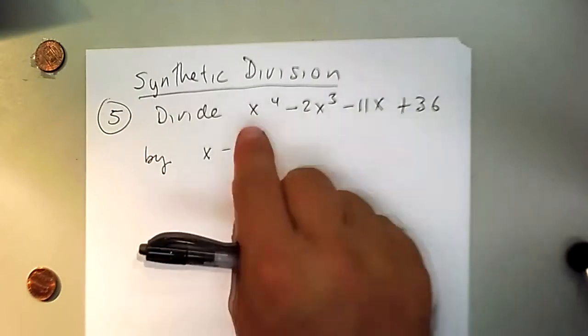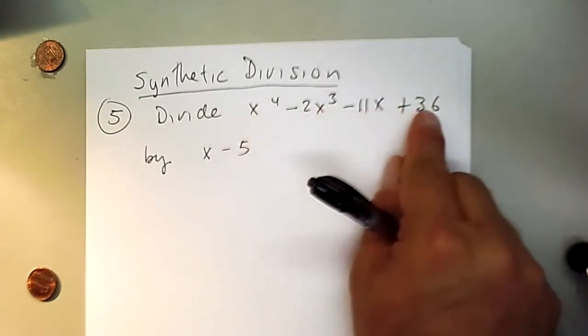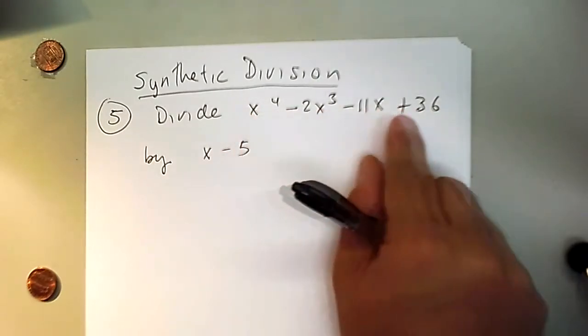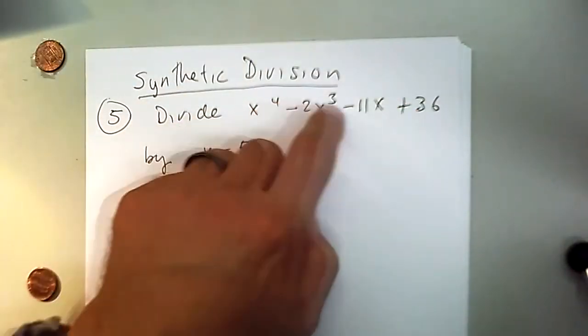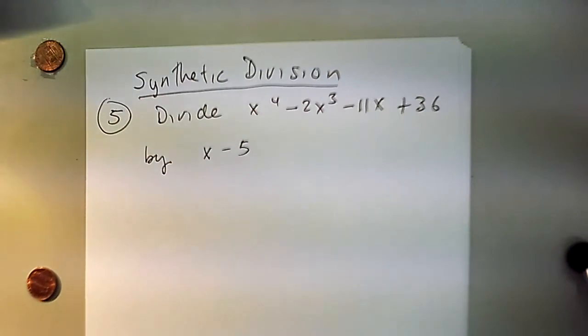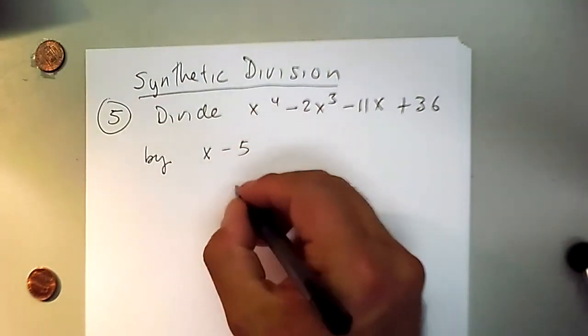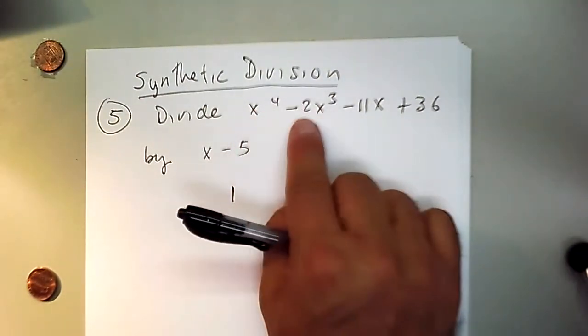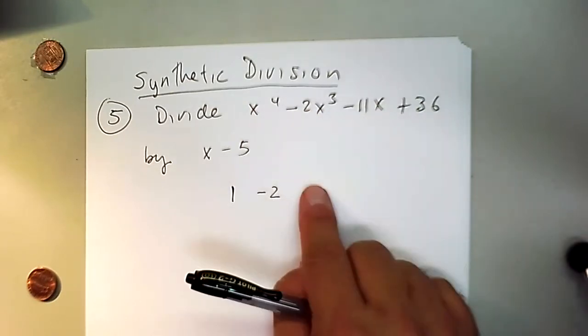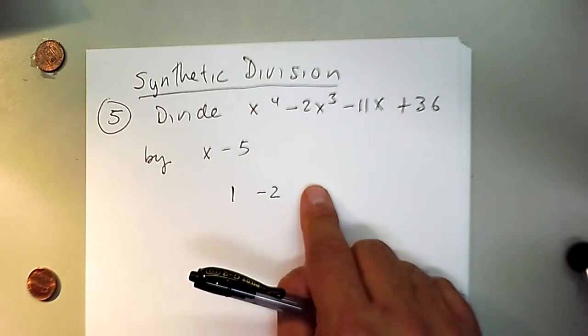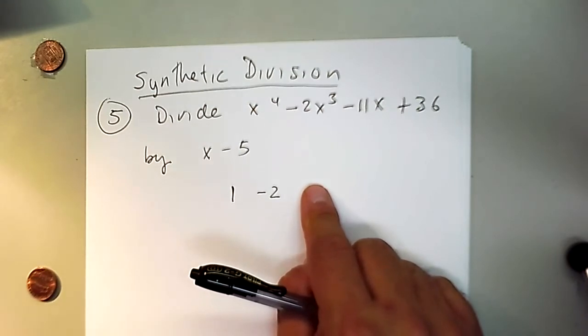Okay, so first write down the coefficients of the polynomial. The polynomial has to be written in descending order from highest degree to lowest degree. So we are going to have 1, -2. Now, if you put -11 next, that's going to mess up your answer.